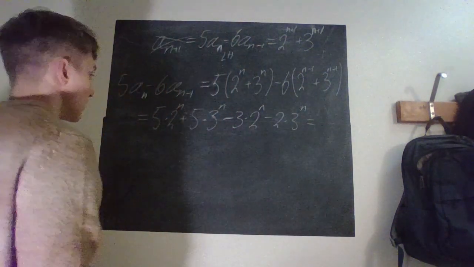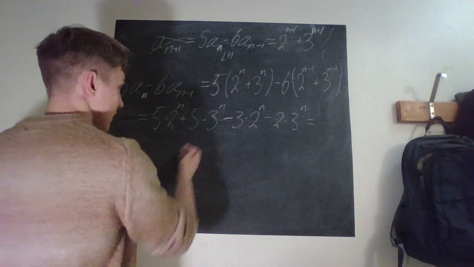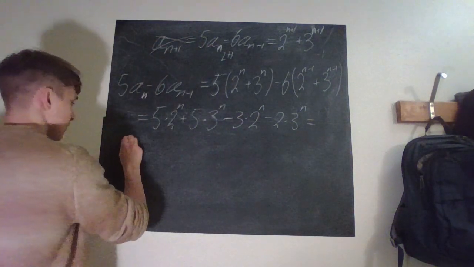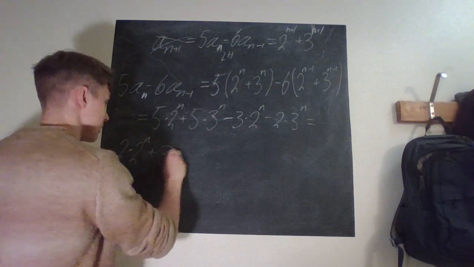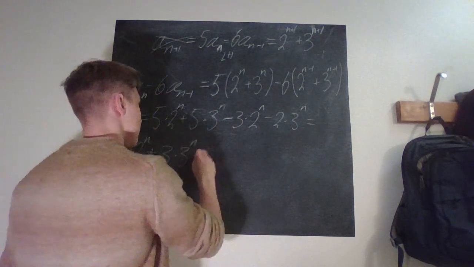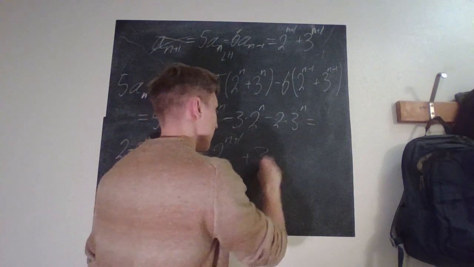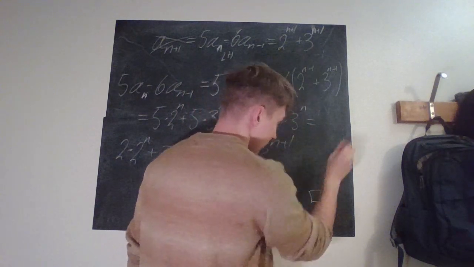So we have 5 minus 3, that's 2, and 5 minus 2, that's 3. So we have 2 times 2 to the power of n plus 3 times 3 to the power of n, which is equal to 2 to the power of n plus 1 plus 3 to the power of n plus 1, and we are done.